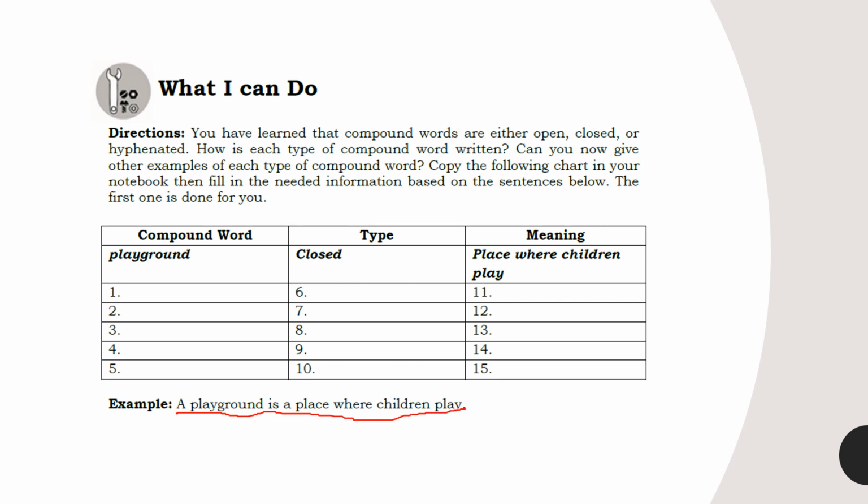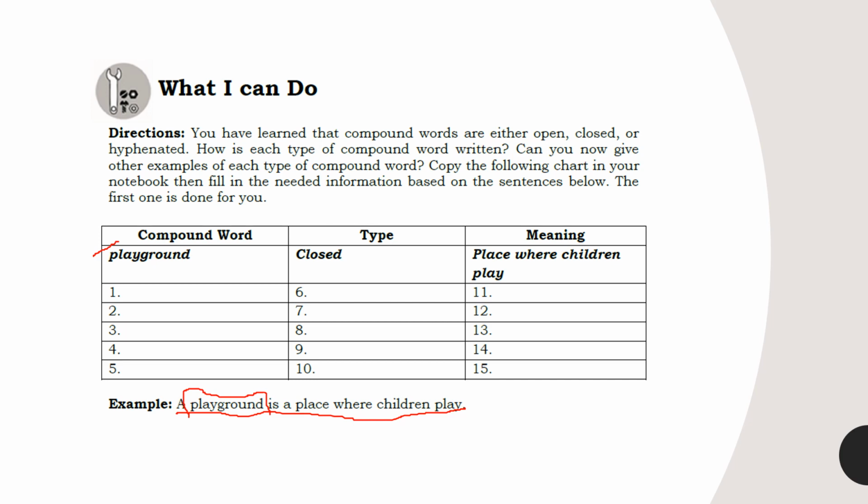The first task is for us to locate or find out the compound word used in the sentence. If you can remember, a compound word is composed of two or more words that we join together to form a new word with a new meaning. From this example, there is the word playground. Play plus ground is playground. That is the compound word.